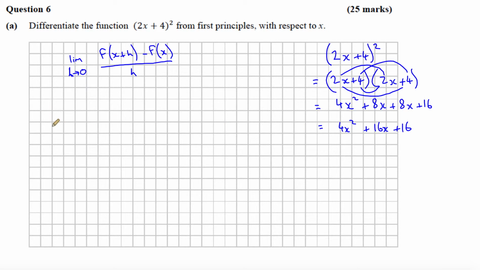Okay, so what I'm trying to find then is the limit as h goes to 0 of f of x plus h.